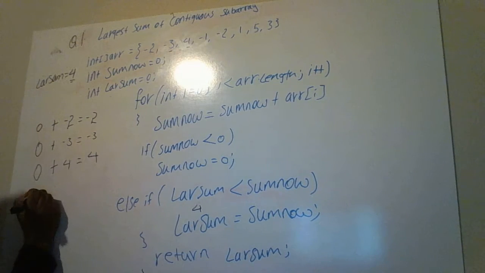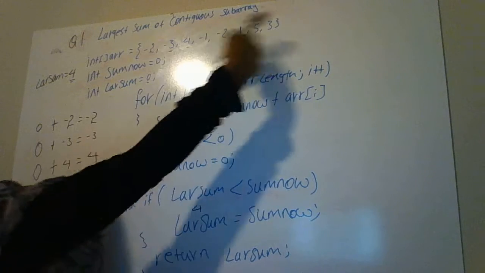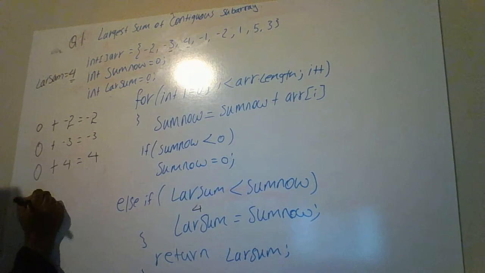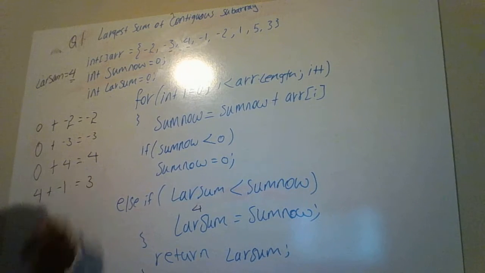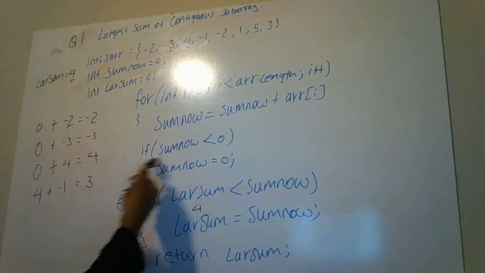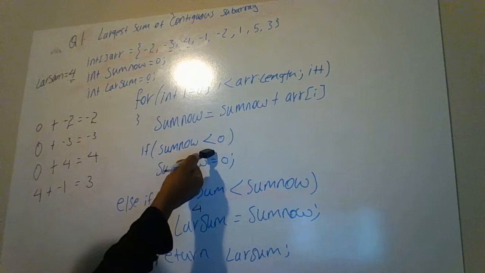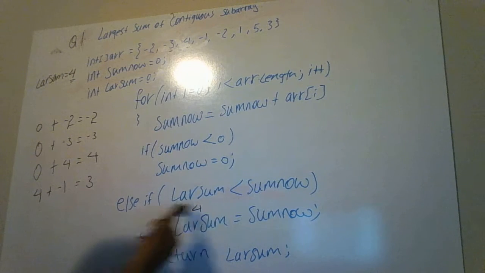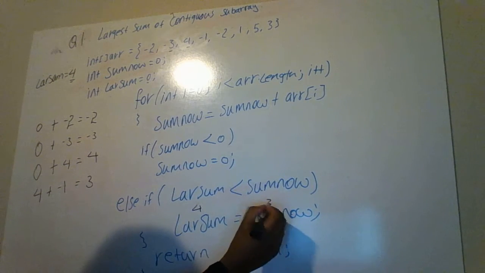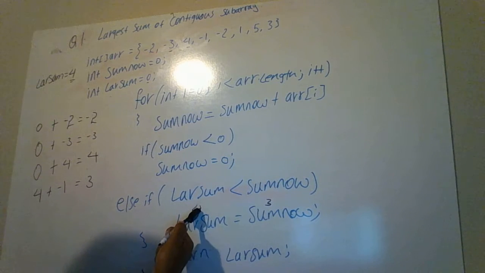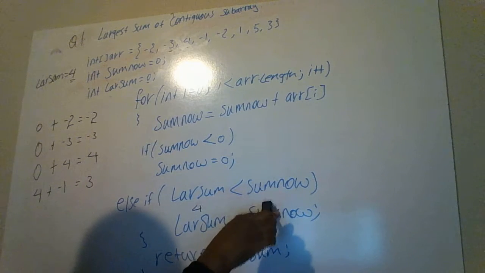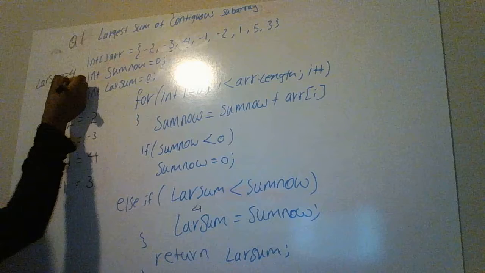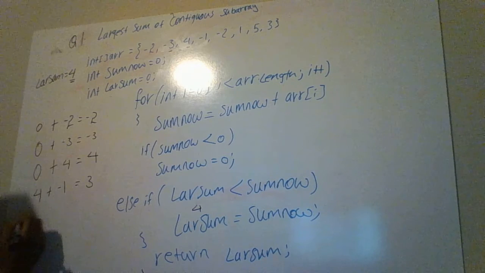Okay, now we keep going until we finish the array. We have 4 plus -1, which gives us 3. 3 is greater than 0, so we go here. Sum now becomes 3, right? 3 is not greater than 4, so we're not going to update the largest sum to 3. We still keep the largest sum of 4 and keep going.